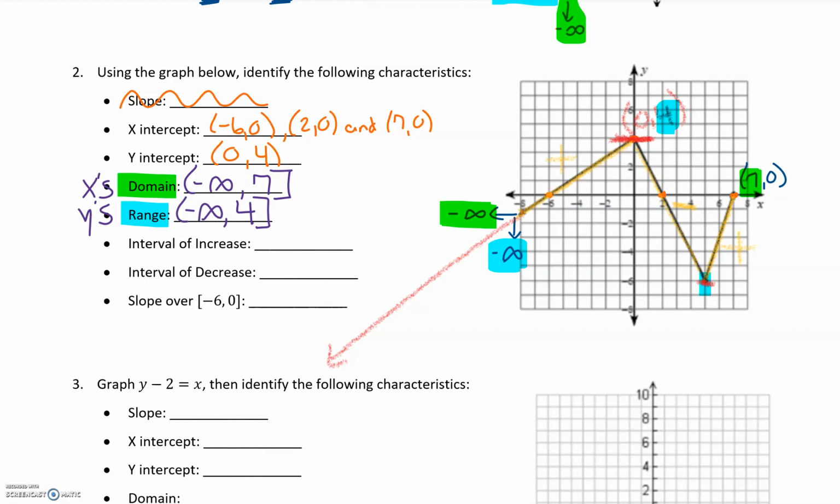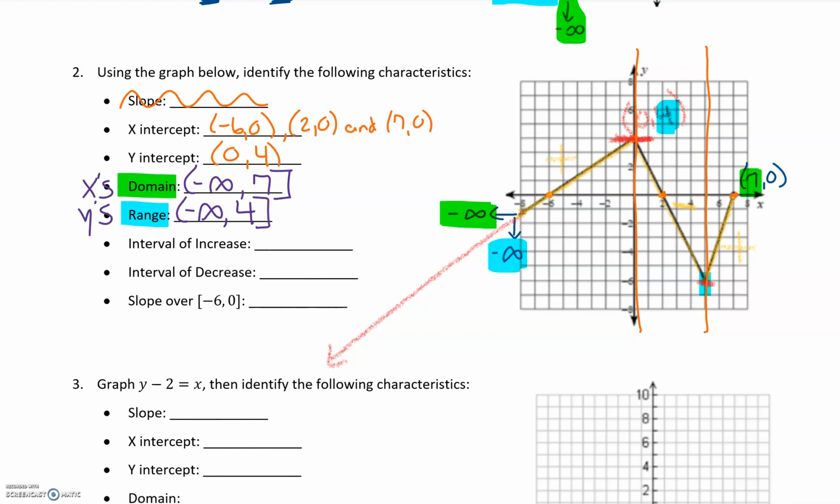And if you remember in the other one, I said, let's go ahead and split these graphs so that we're separating the increasing pieces from the decreasing pieces.